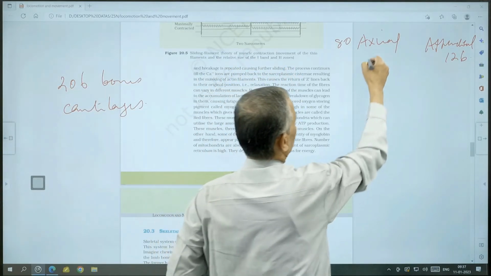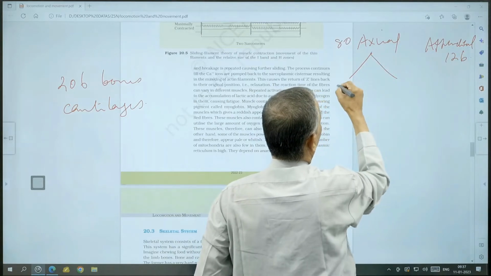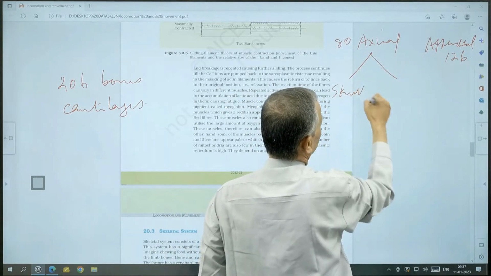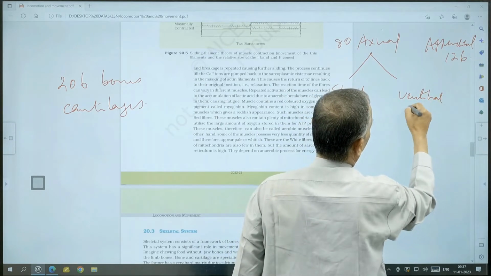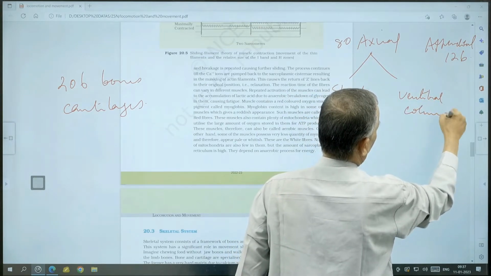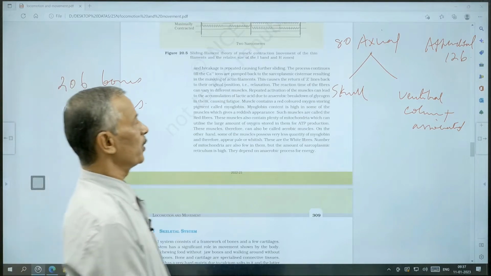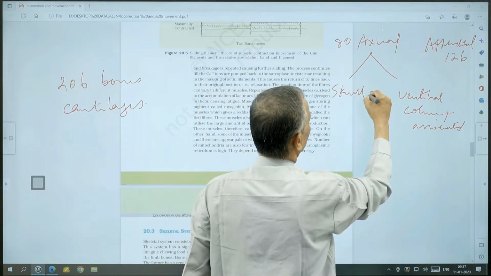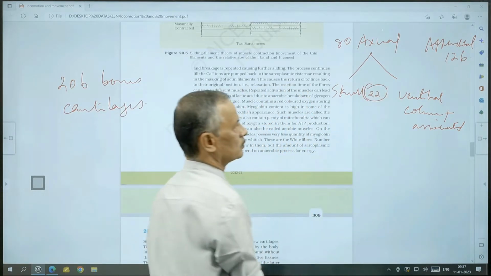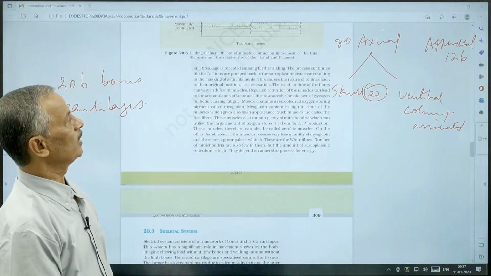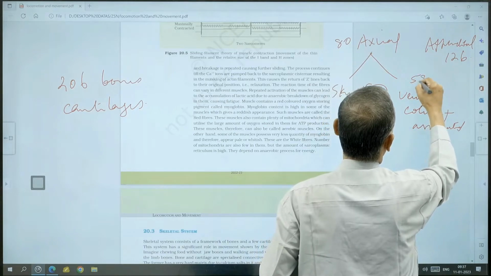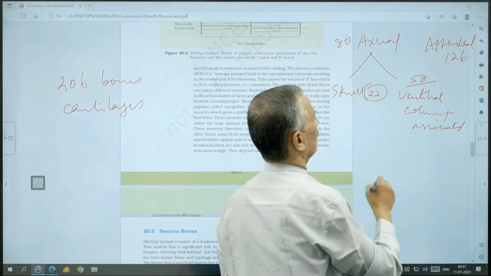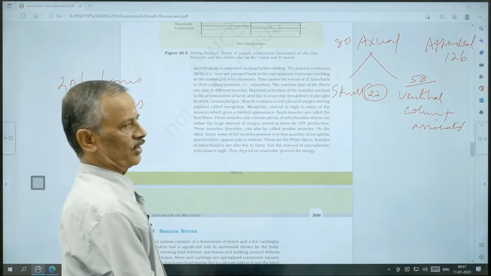The axial skeletal system consists of our skull and vertebral column and associated structures. The skull is made up of 22 bones. That means the remaining 58 are present in the vertebral column and associated structures.